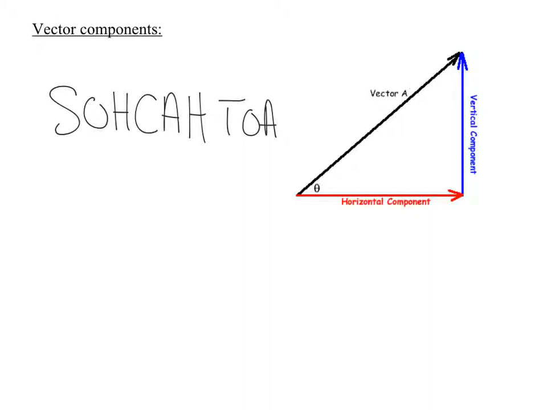Vector A and the horizontal component would be the hypotenuse and adjacent, which would be cosine. Okay.